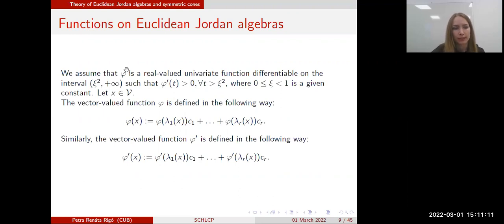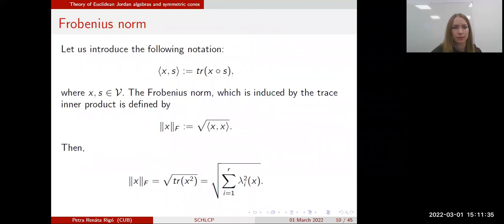Then if we consider an x from V, we define phi in this way, by using the eigenvalues and the Jordan frame, and similarly phi prime in this way. And this will be used in our approach when we determine the search directions in case of interior point algorithms.